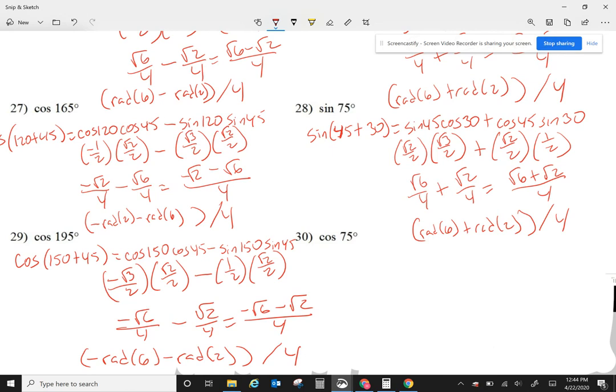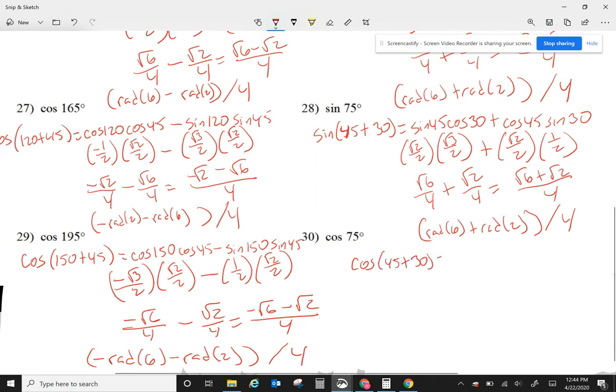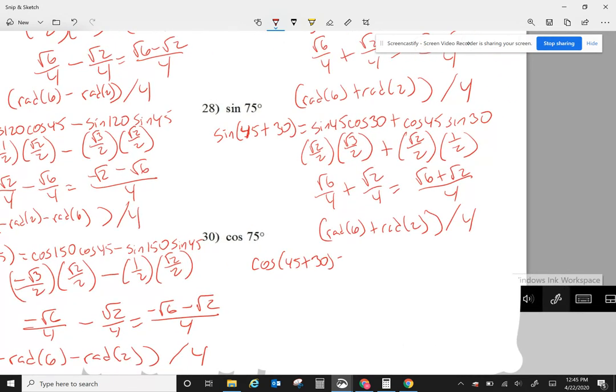Lastly, let me do cosine of 75. I'm going to do this as cosine of 45 plus 30. According to the rule of cosine of A plus B, I get cosine of 45 times cosine of 30 minus sine of 45 times sine of 30.